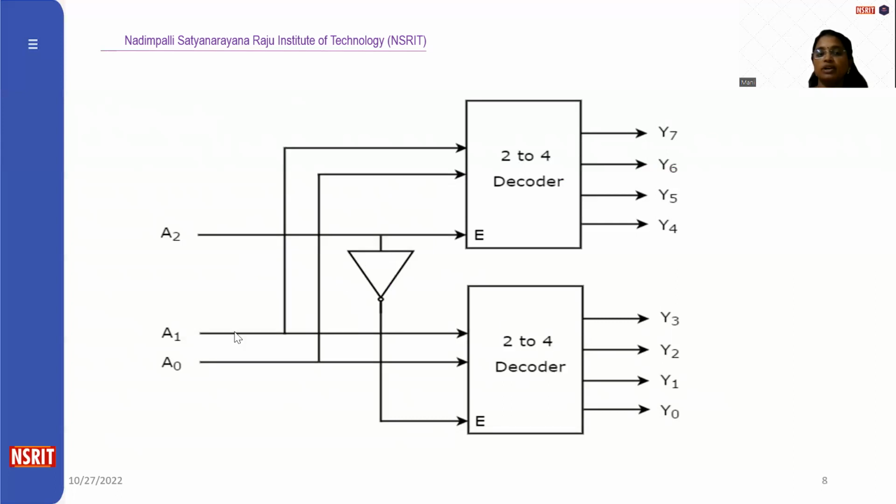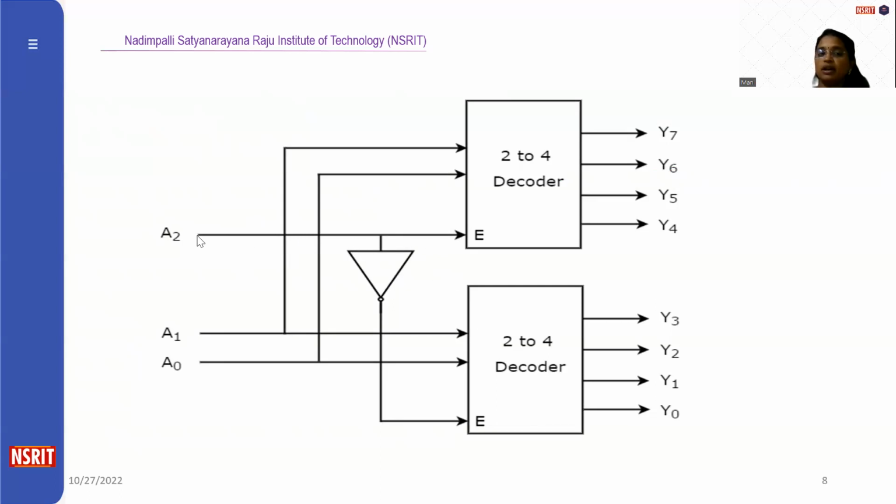Here I'm applying A0, A1, A2. A0 and A1 are the lower LSBs. A0 is applied to the lower decoder, and A1 is applied to the lower decoder. These two LSB bits are applied in parallel to the other decoder as well. The MSB bit must be applied to two decoders.